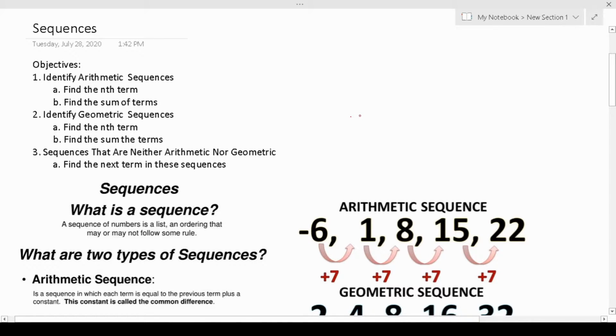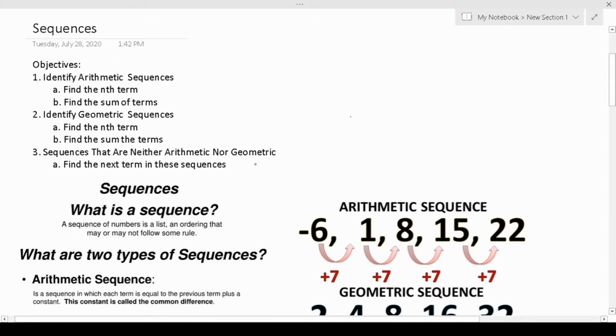And in addition, we want to be able to find the nth term as well as the sum of the terms in arithmetic sequences. Second, we want to be able to identify geometric sequences. And likewise, we want to be able to find the nth term as well as the sum of the terms in geometric sequences. And then finally, we're going to take a look at sequences that are neither geometric nor arithmetic.